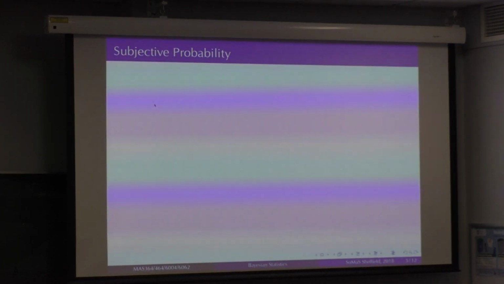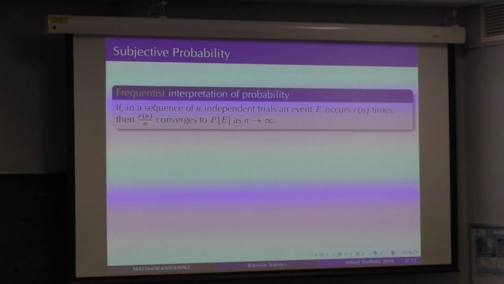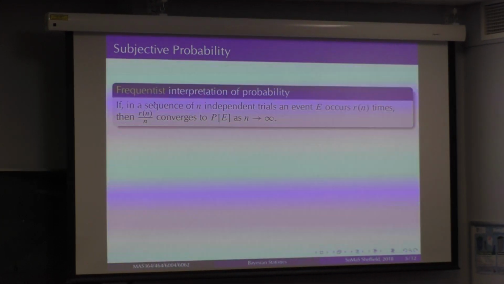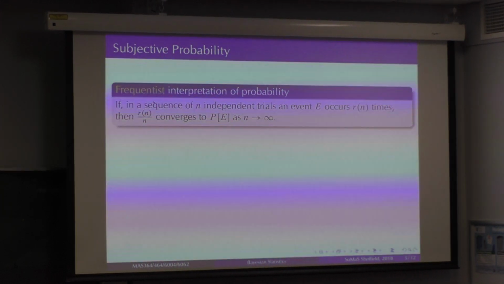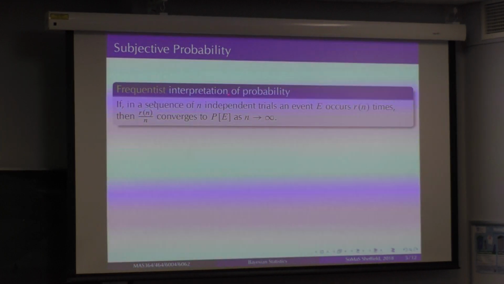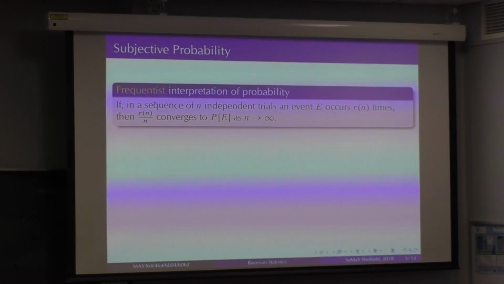So the first thing I will talk about today is subjective probability. We start with the frequentist interpretation of probability. You've seen this or a similar definition of probability before. You have n independent, identical trials, in which the event E can occur in each one of them or not.